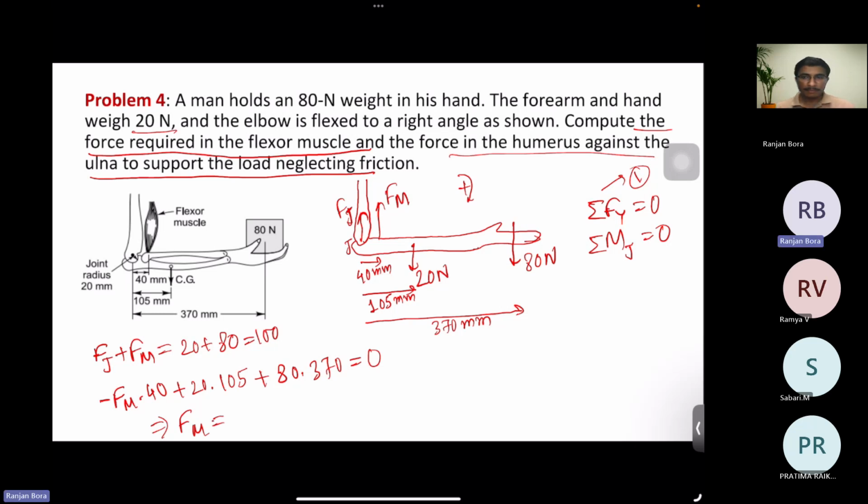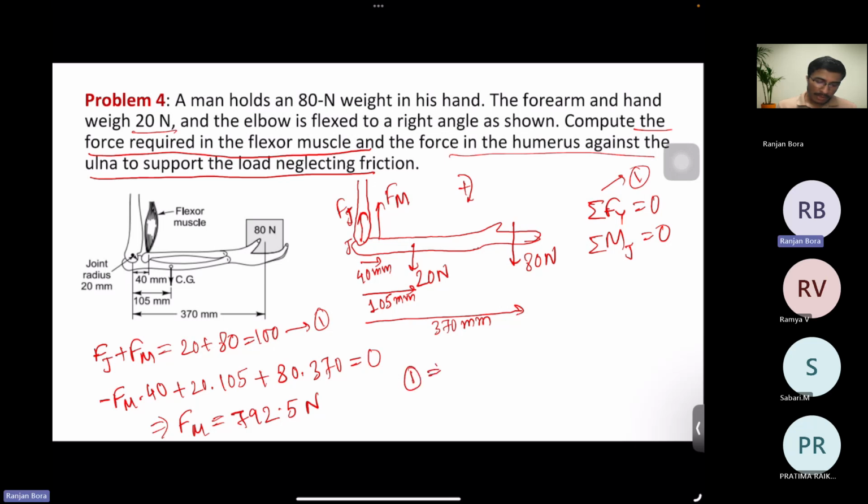How much will be the Fm? Fm is 792.5 Newton. Now you can use equation 1.